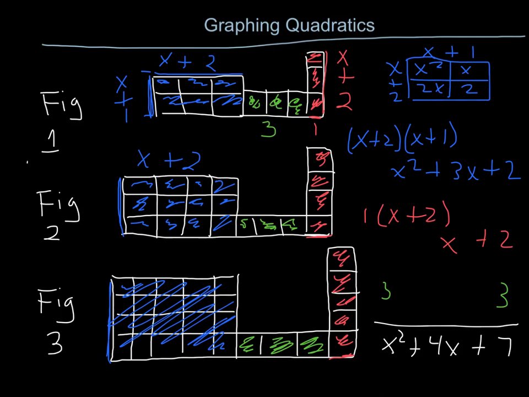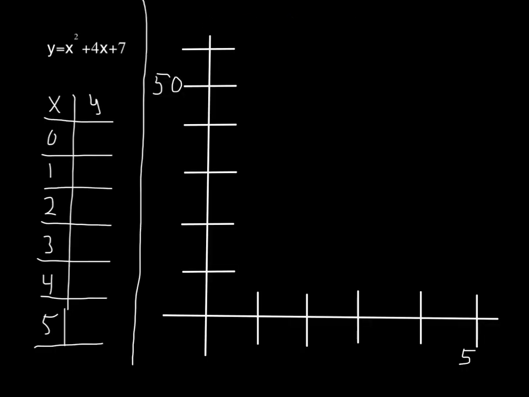Now we're going to look at how that looks in a graph. Okay, so you see here I have the equation y equals x squared plus 4x plus 7 from the previous page, and we're just going to do a t-chart real quick. So I'm going to do the work over here, and then I'm going to erase it because I need this space to draw my graph, but I want to show you the work that I'm doing as I fill in each one of these.